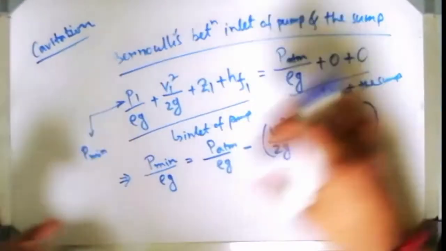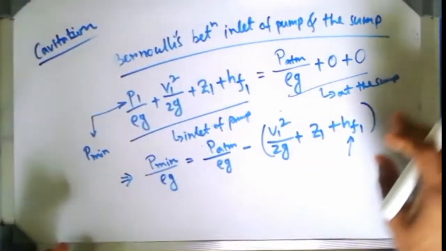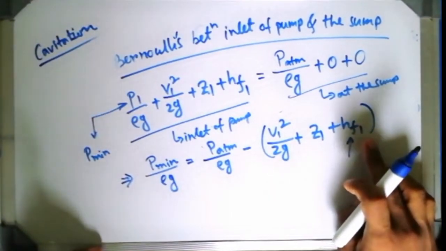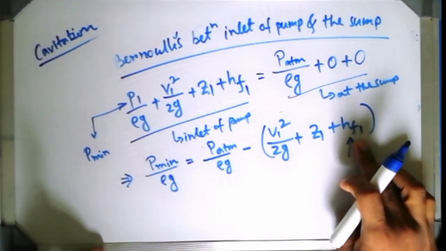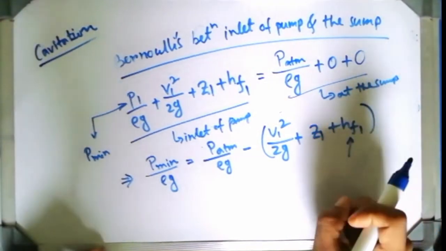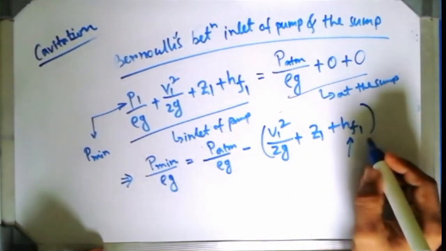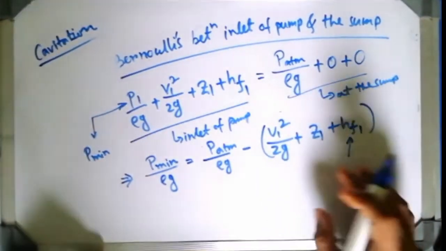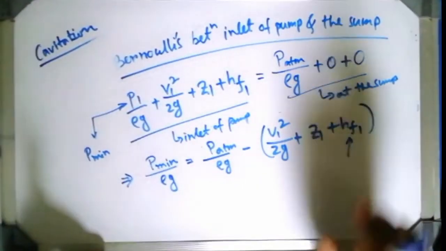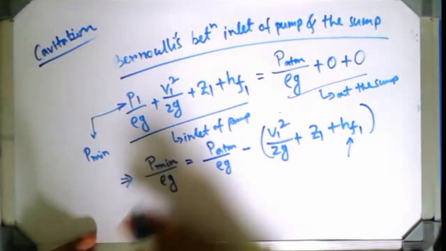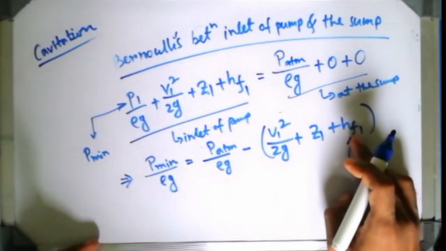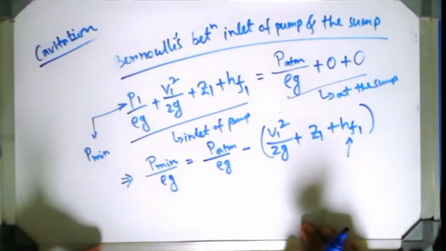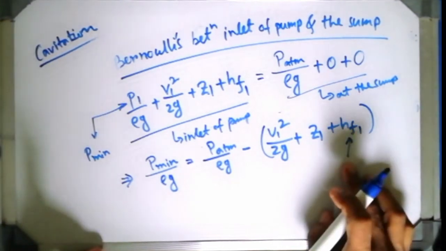Easily, if you lengthen the suction pipeline, you increase the head loss in the suction pipe, because it is the head loss due to friction. If you keep a very small diameter pipe, it will increase the friction. If you use a bigger diameter pipe at the suction side, it will reduce the friction. Similarly, if you lengthen the suction pipeline, the friction head will increase. If you shorten the suction pipe, it will decrease the frictional head. That way you can vary the HF value.